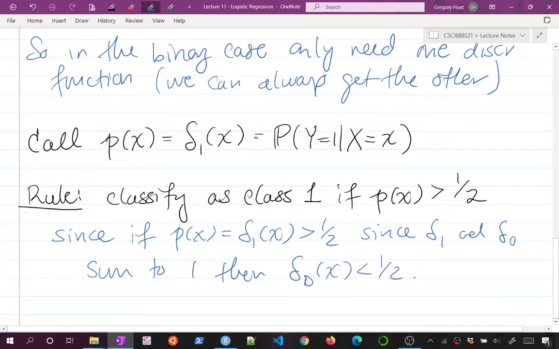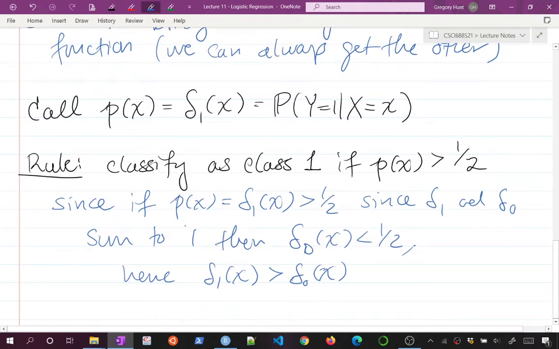So if delta 1 is bigger than 1/2, because they sum to 1, delta 0 has to be less than 1/2. And so my discriminant function for class 1 has to be bigger than my discriminant function for class 0. Hence, I predict class 1.